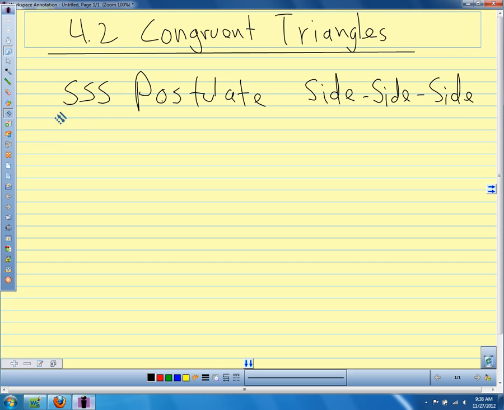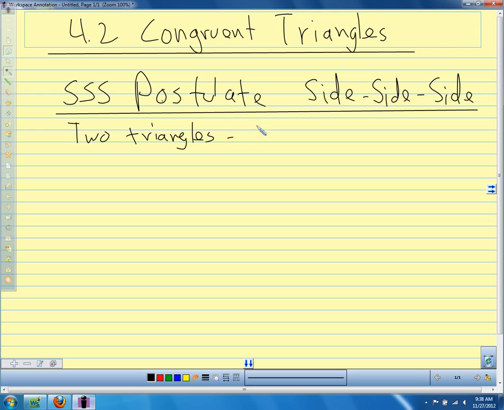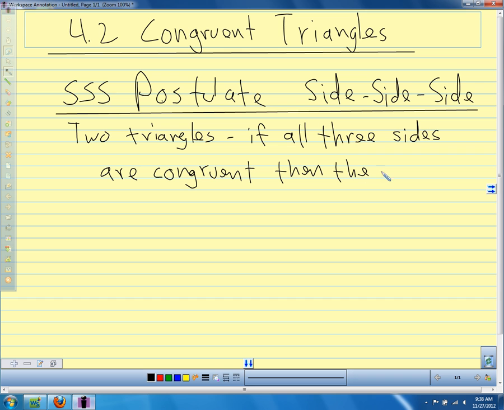And what this postulate tells us in that first bubble is that we have two triangles. And the side, side, side postulate says if all three sides are congruent, then the triangles are congruent.